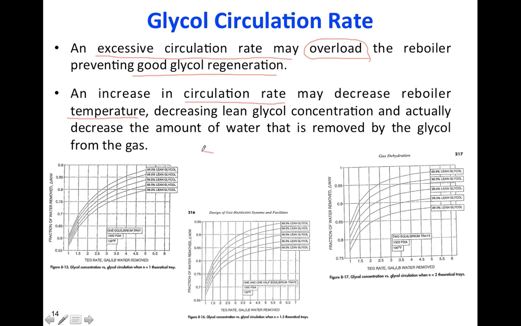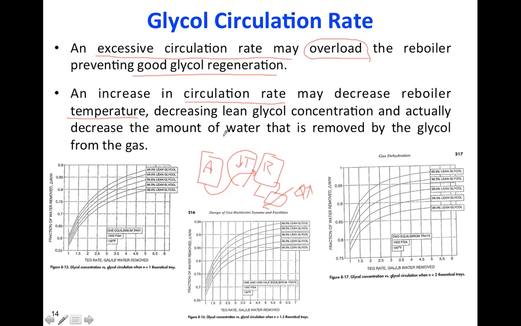Here we have regeneration, absorption, and regeneration. The glycol that is coming from absorption has lower temperature. So if we send more low temperature liquid to this column, in the reboiler I need more heat to be added to maintain the temperature. So if we increase the circulation rate, we can decrease the reboiler temperature if we keep the heat duty constant.